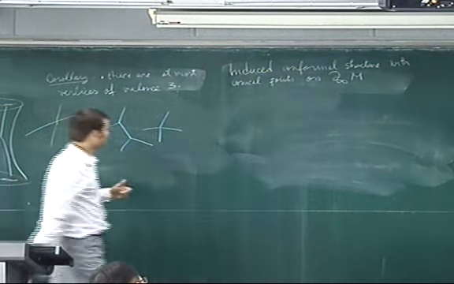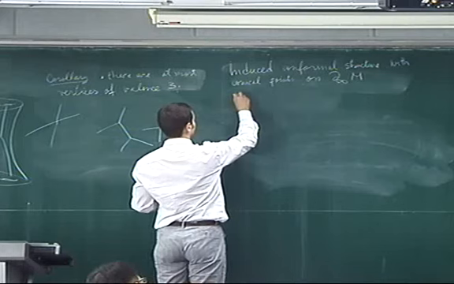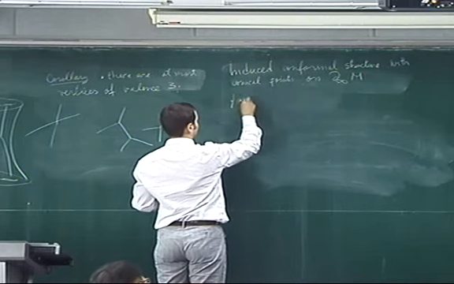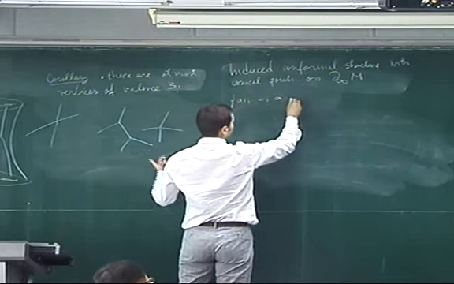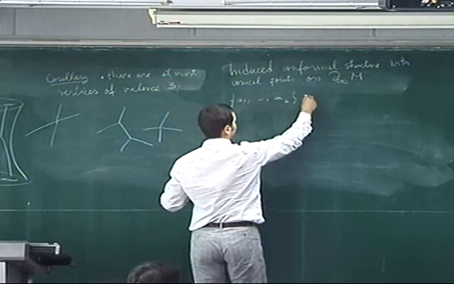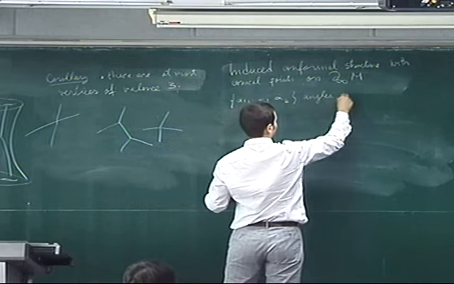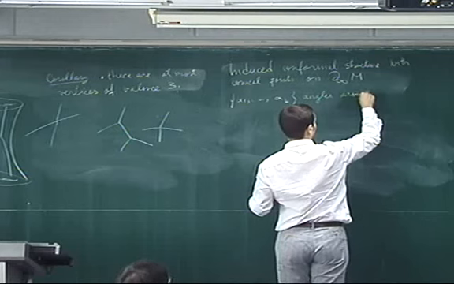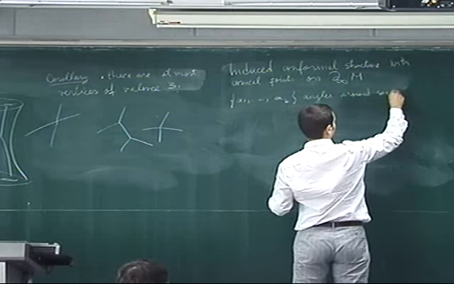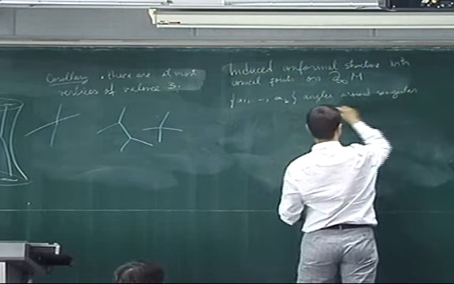So we have this data, alpha 1, ..., alpha k, angles around singular curves.